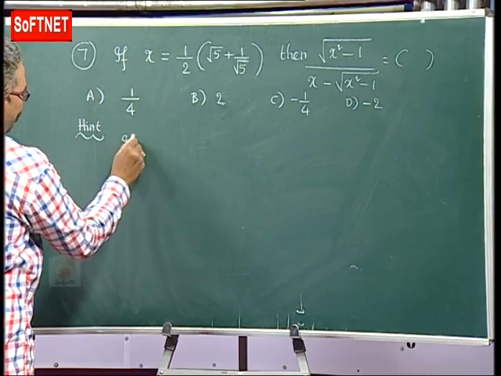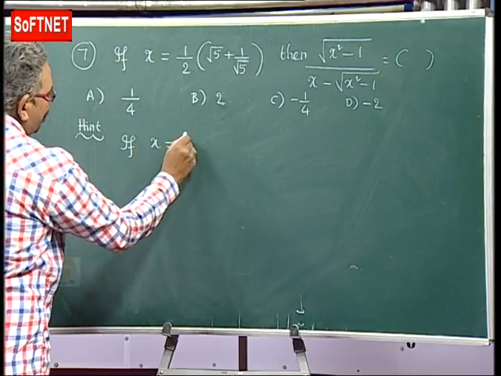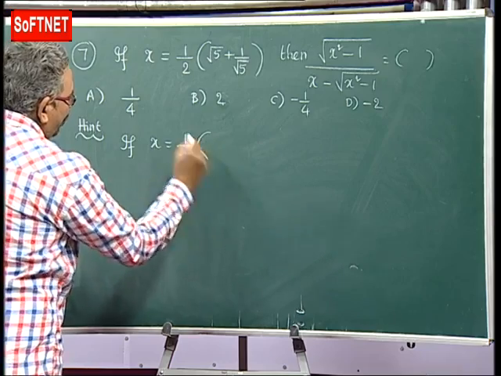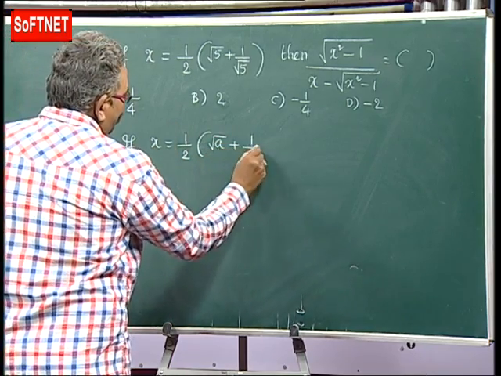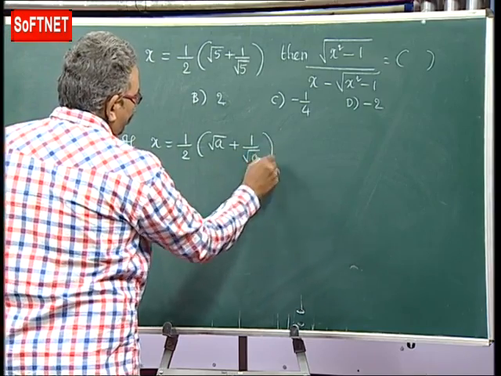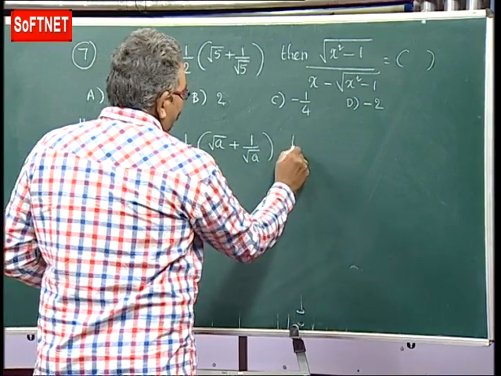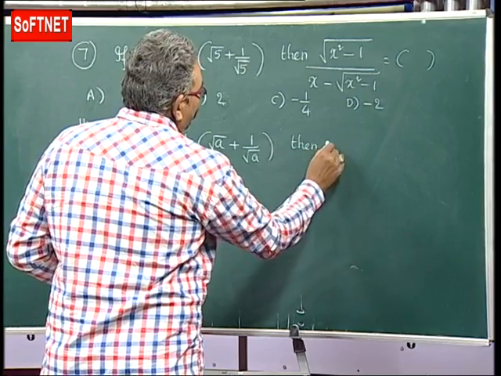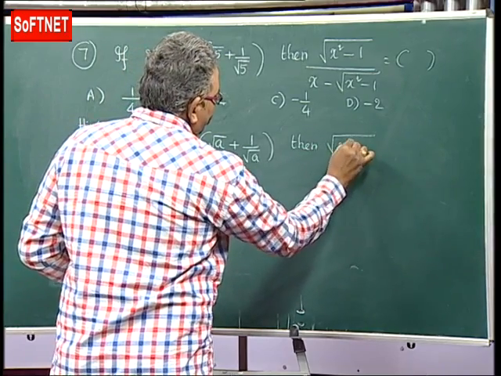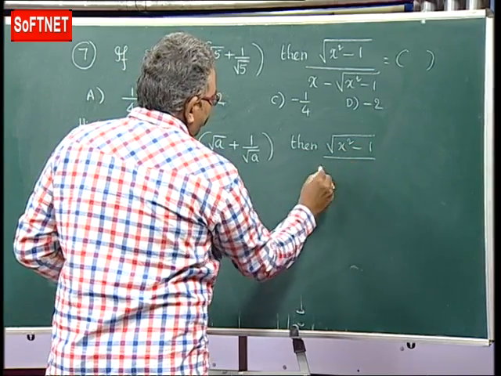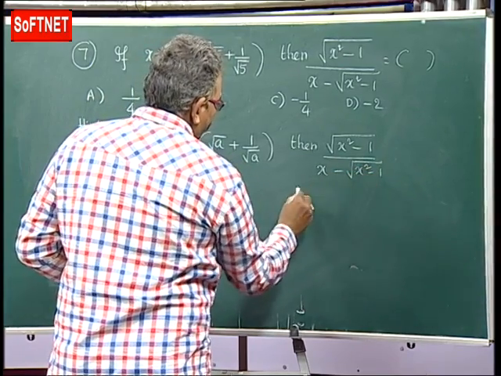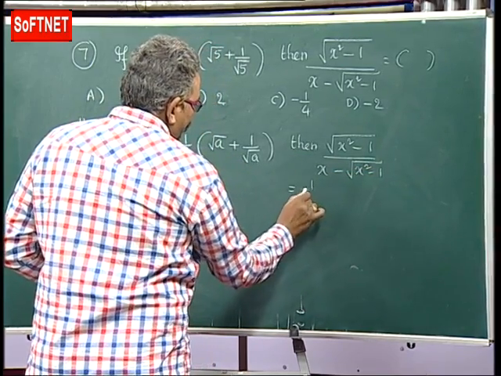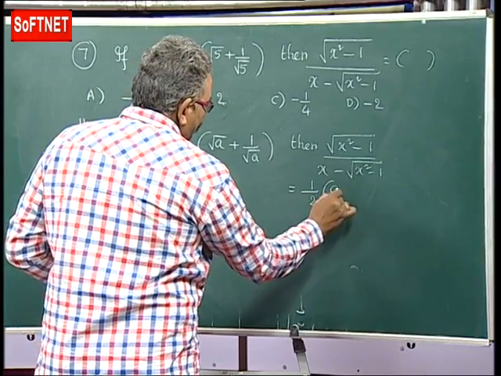If x is equal to half into root a plus 1 by root a, then root of x square minus 1 by x minus root of x square minus 1 equals half into a minus 1.